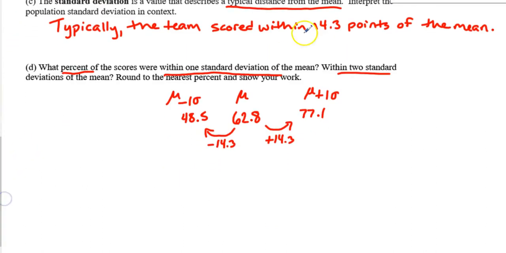Okay. It also asks us to go out 2 standard deviations. So let's do that. Again, we're going to go mu plus 2 standard deviations now. All right, I know I'm introducing a lot of symbols here, so we're going to add on another 14.3. And then mu minus 2 standard deviations, I apologize.